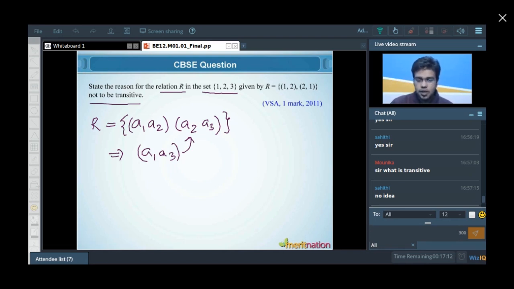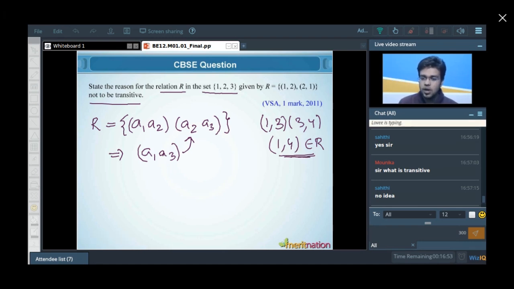For example, if I have, let's say, (1, 3) and (3, 4), A1 is 1, A2 is 3 and A3 is 4. So (1, 4) also should belong to the relation R. Then only I say that it is transitive.